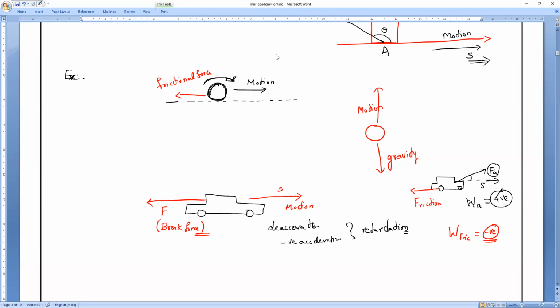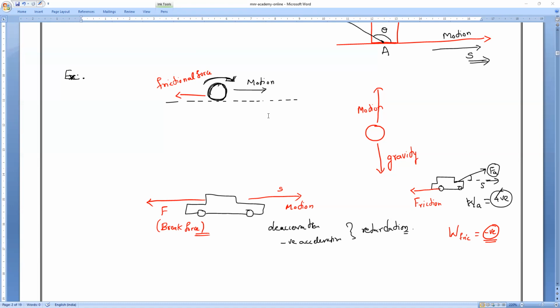Be very careful: for every moving object, the work done by the frictional force is always negative. In the question paper, you have to specify whether it is the applied force or the frictional force. Clear? Please remember that.